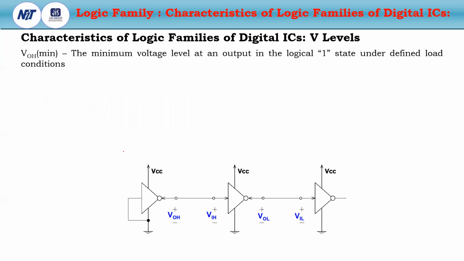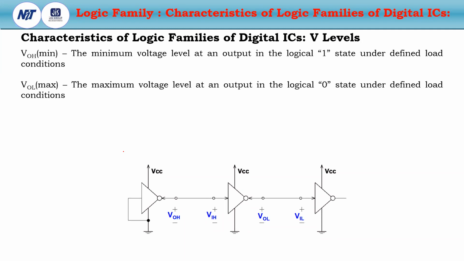One is called VOH. VOH means the minimum voltage level at the output in the logical 1 state under the defined load conditions. Here this is the VOH, output high, and VIH means input high for the other gate.